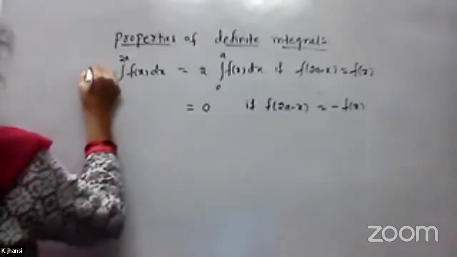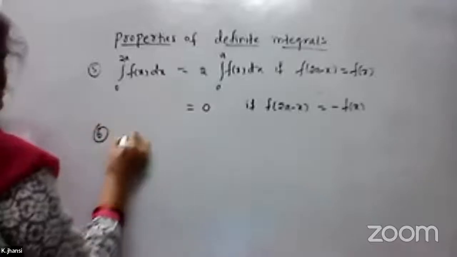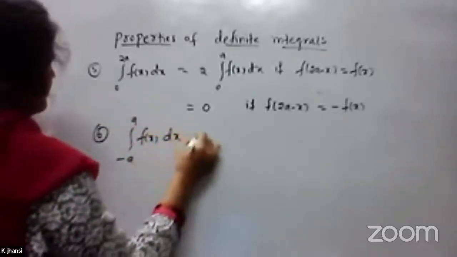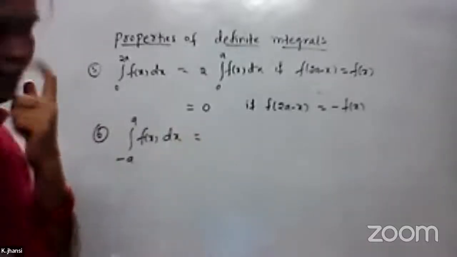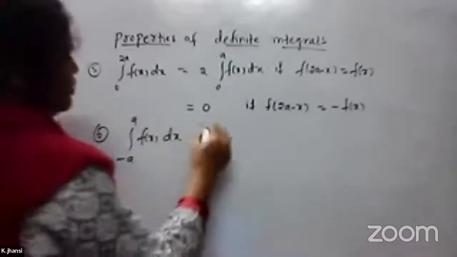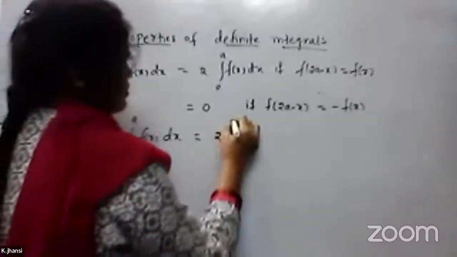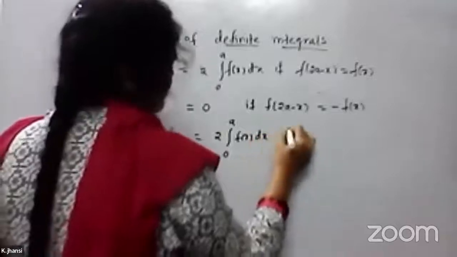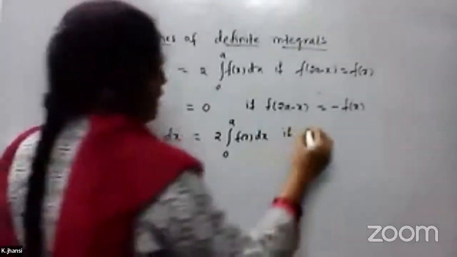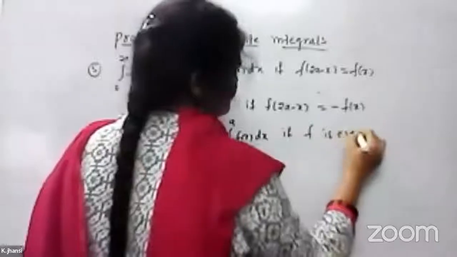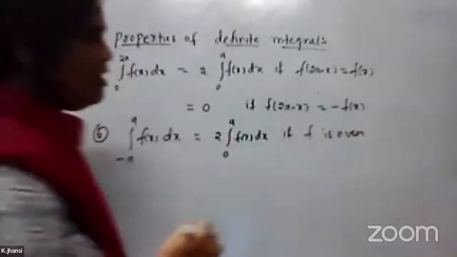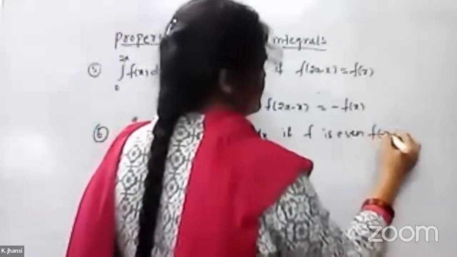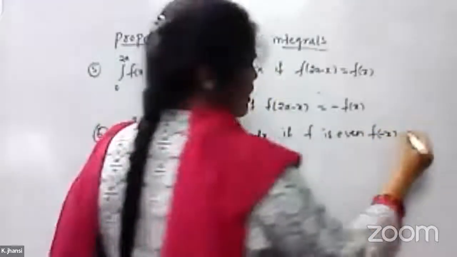Minus a to a f of x dx equals 2 times 0 to a f of x dx if f is even, that is, f of minus x equals f of x.